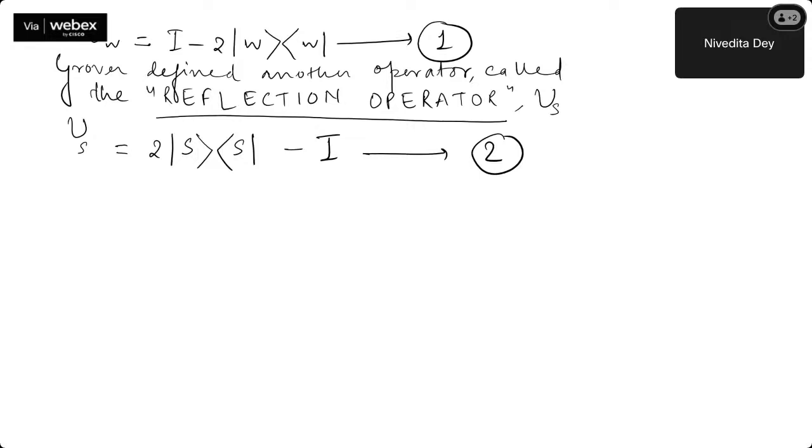And why is this called a reflection operator? This is another question that should come to your mind. Why do we basically want this? Because this US is called a reflection operator.